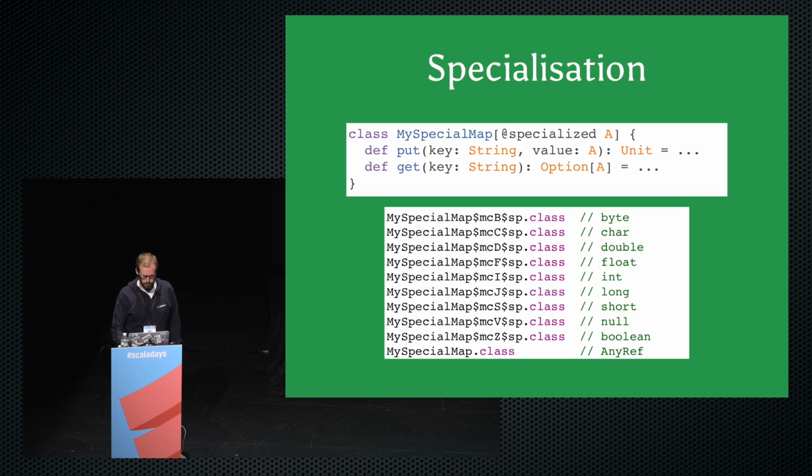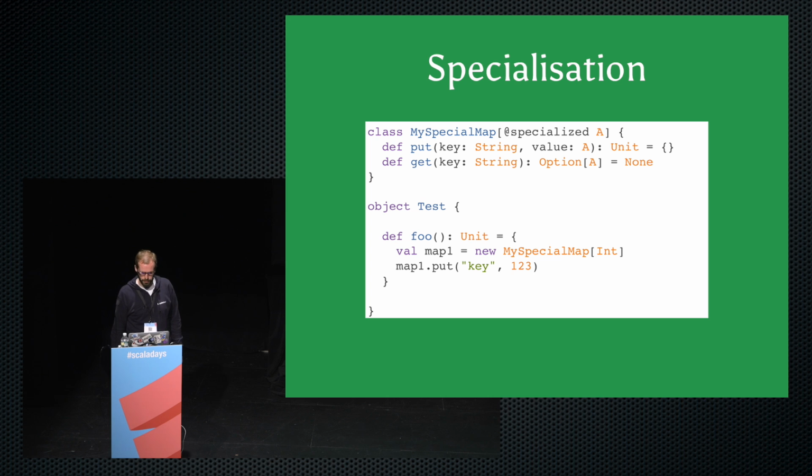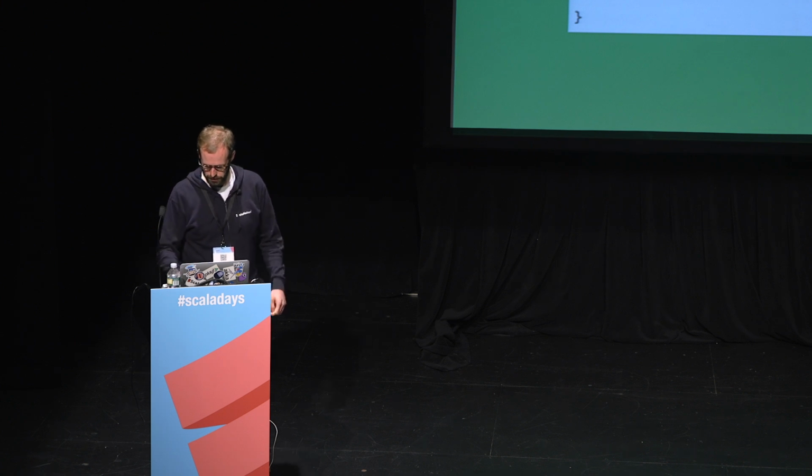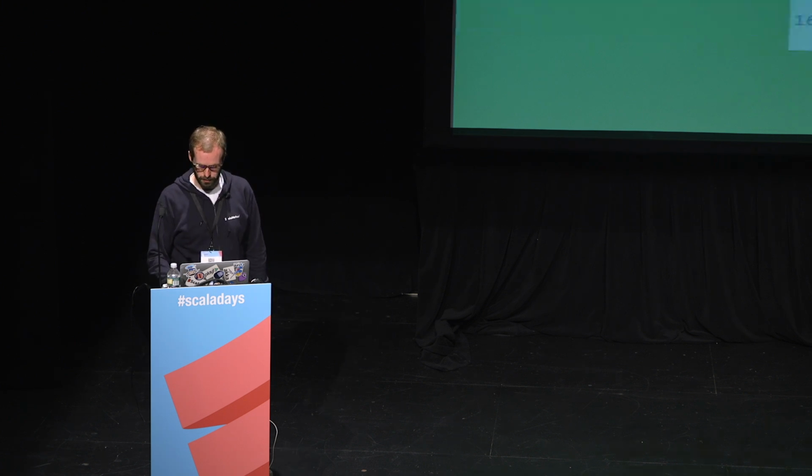And then if I want to use this MySpecialMap from some other piece of code, I can do it like this. So my foo method here doesn't need to know anything about the specialization. It doesn't know that MySpecialMap is specialized. It just calls it with type parameter Int. And then it puts 1, 2, 3 as its value. So we'll see how this looks in bytecode.